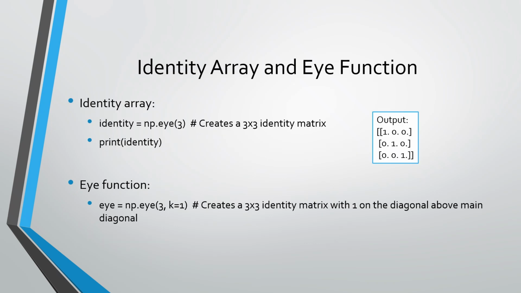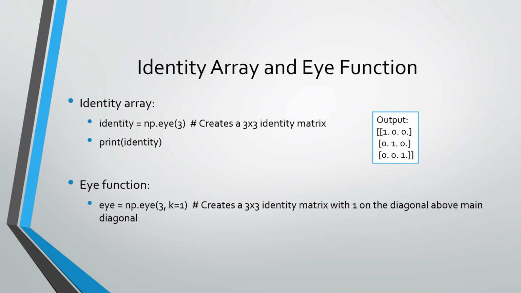The next function is the identity function. For this we use the eye function. We can call this function using np.eye, and we can pass the dimension. So 3 is passed over here. That means we are going to have a 3 by 3 identity matrix. In this identity matrix, all the diagonal elements will be 1.